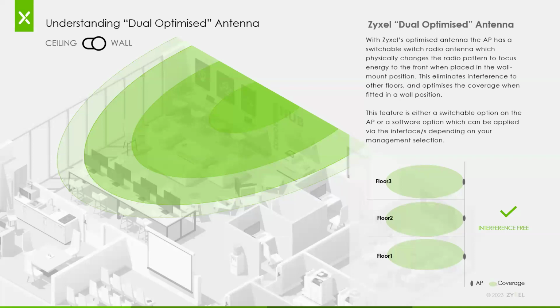So depending on where you've mounted that particular access point, you can choose to use either the ceiling or the wall pattern for coverage. So you optimize your coverage there. In general, our access points, if they support this feature, end in the letter D or the letters D-I to indicate that that model has dual optimized antennas.